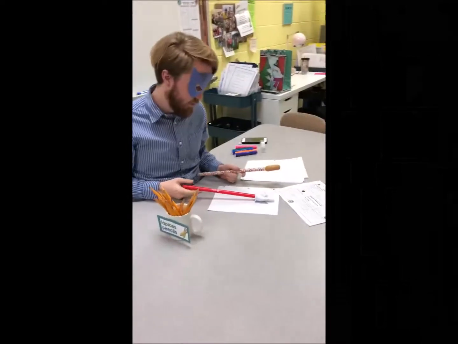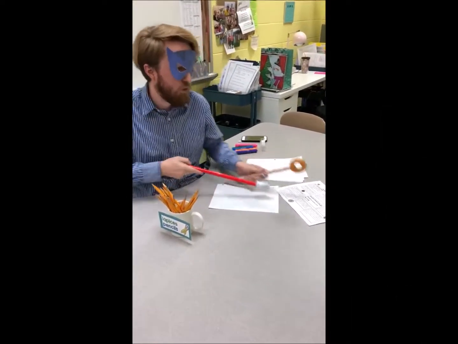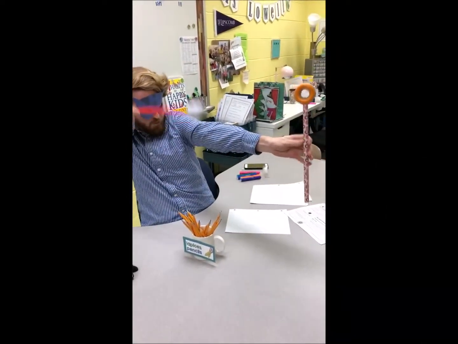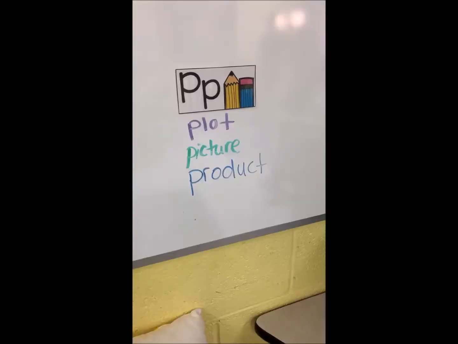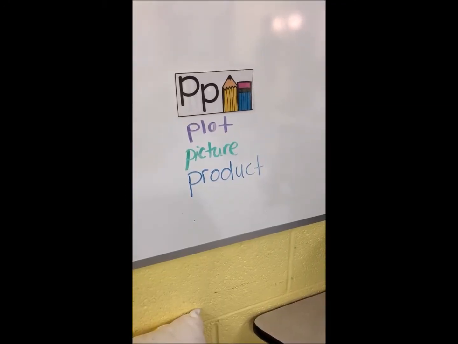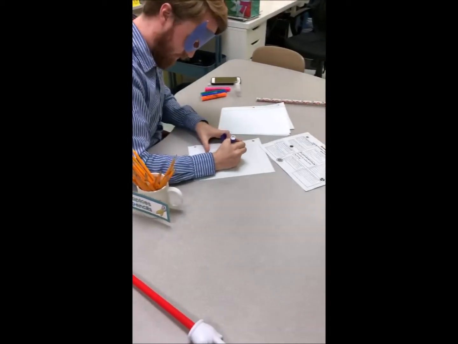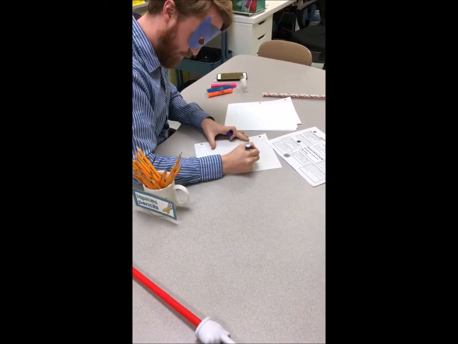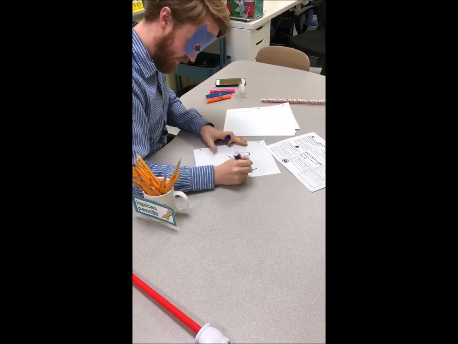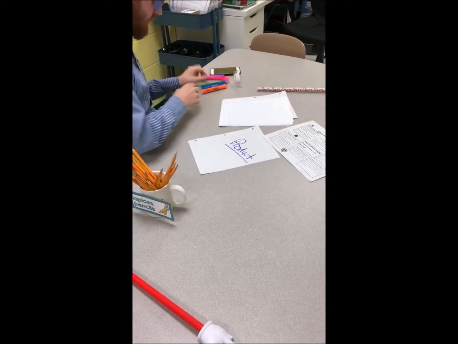Vocabulary practice. Create a poster for a word from the word wall. Product. I'll write that right in the middle. Purple, my favorite color. Let's write the definition.